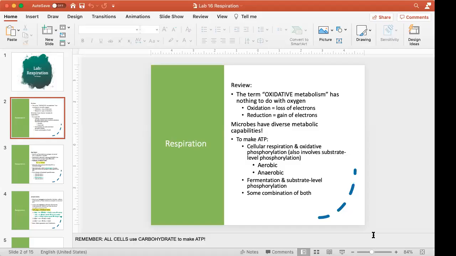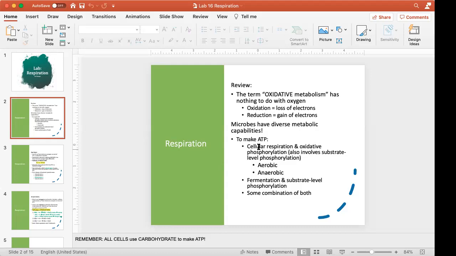Now, something else to remember about cellular respiration and oxidative phosphorylation. The bulk of the ATP is getting made at the end. That makes sense, right? We go from cellular respiration, which is technically, from the moment the glucose first begins to be broken apart until the end of the electron transport chain when the oxygen receives the electrons.